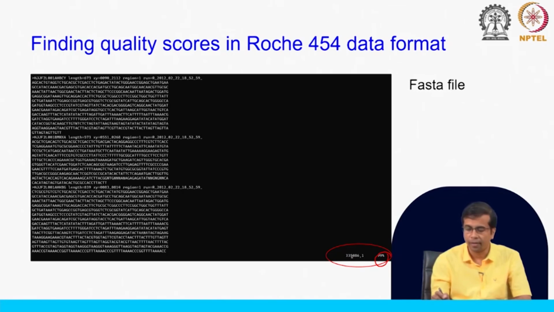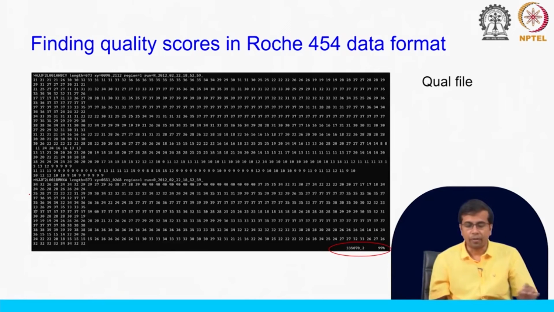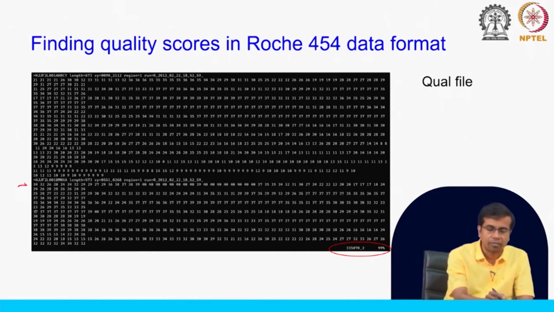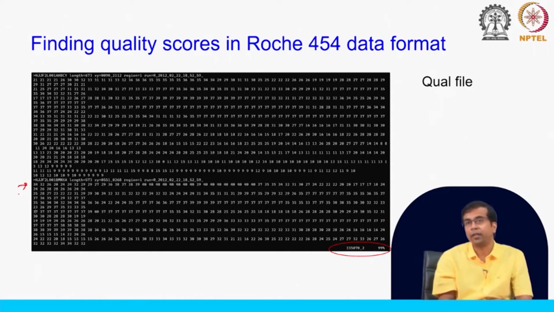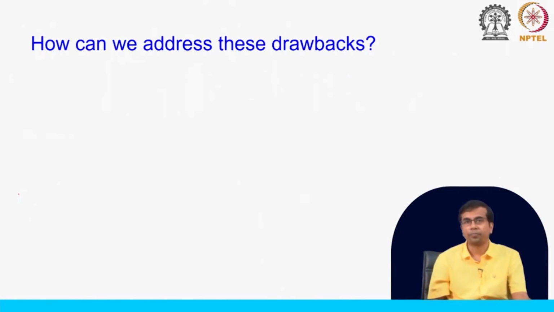This is the line number that we are at, about 335,000. Imagine we are reading somewhere here. In the other quality file, we also have to read these 335,000 lines before we reach the quality score value. So, you can imagine this is going to take a lot of time.